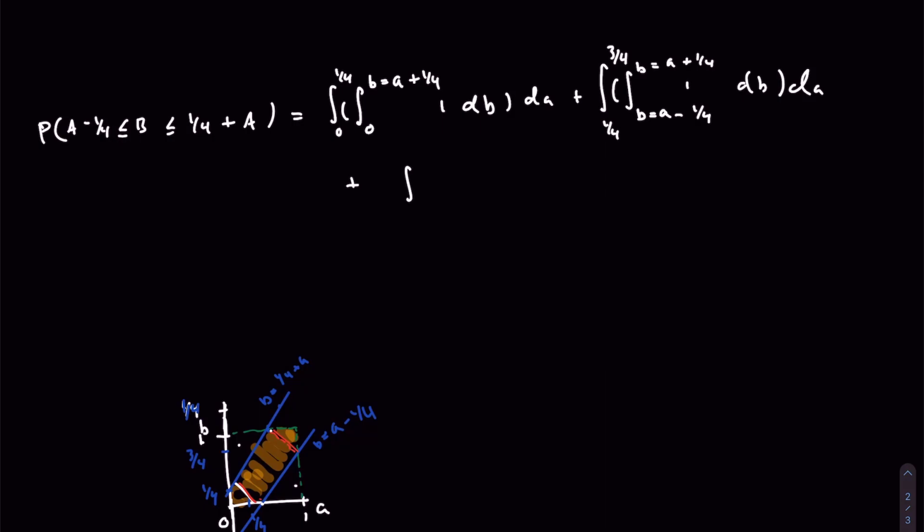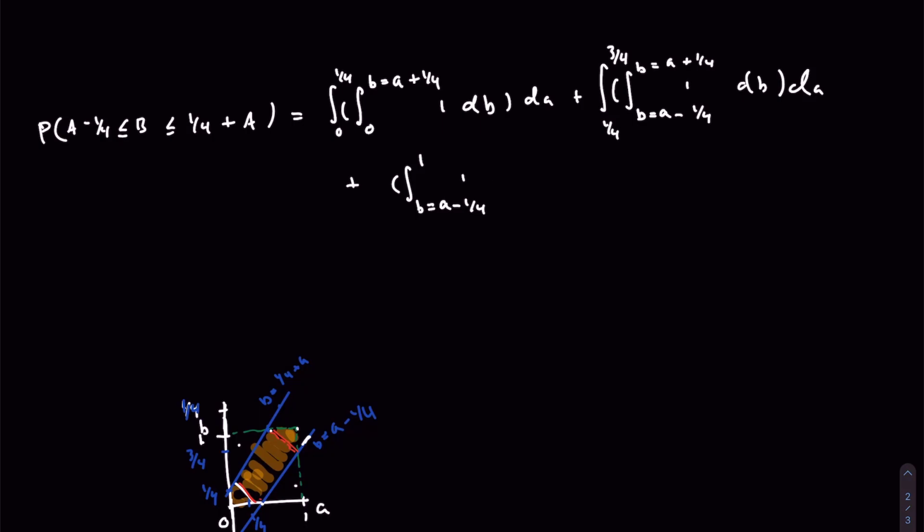And the last triangle is starting with the inner integral over b. Now that one is b equal to a minus 1/4, because of the variation, this is the lower limit, and then it goes up to 1 because it's going all the way up here.